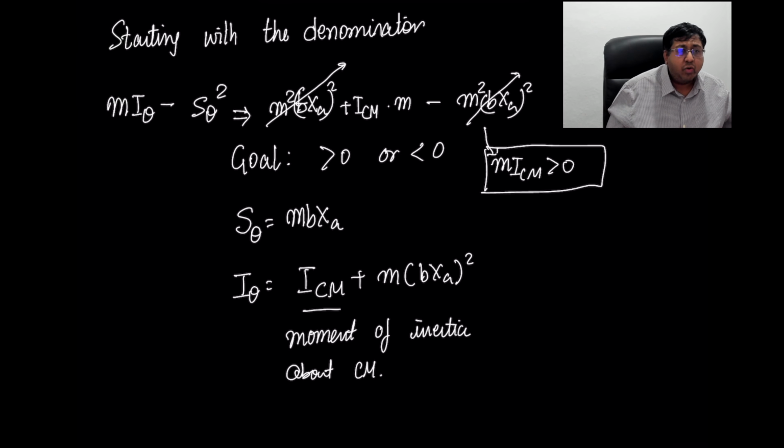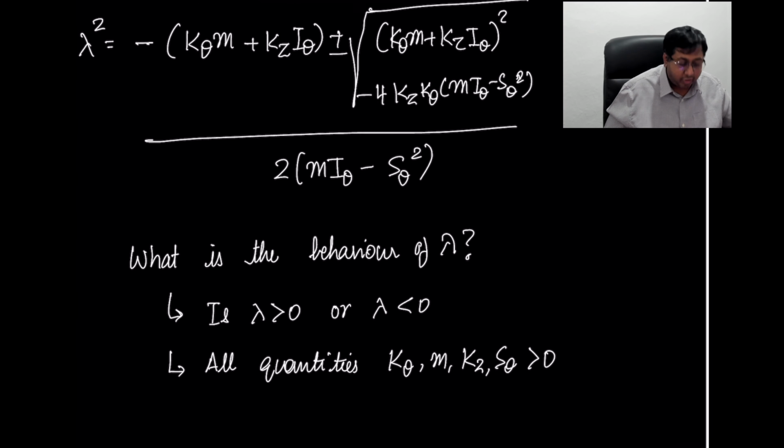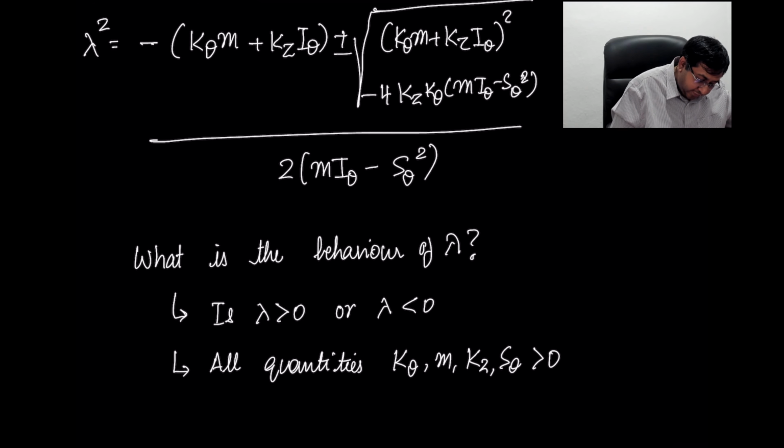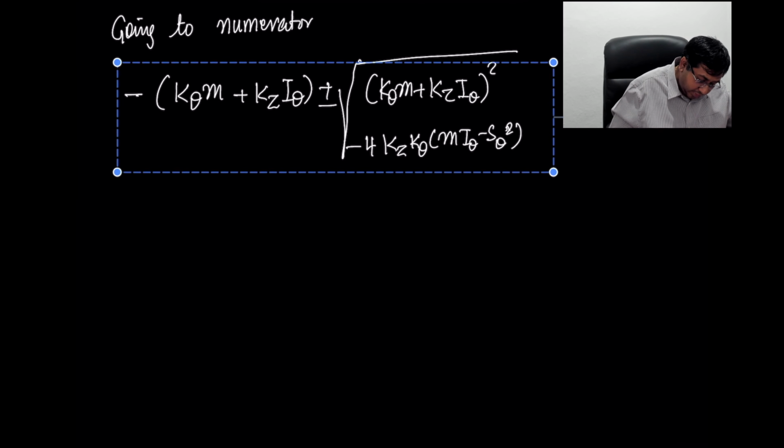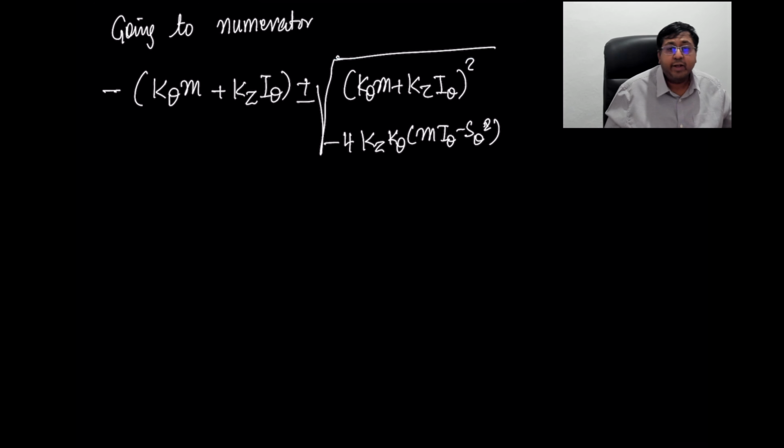So first thing we saw, now we know that the denominator is greater than 0. Let's go back to the numerator. Let me copy paste the numerator here so that it saves us time from writing. That's my numerator. I know that this term is greater than 0.